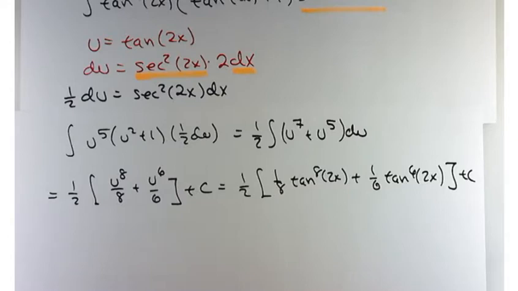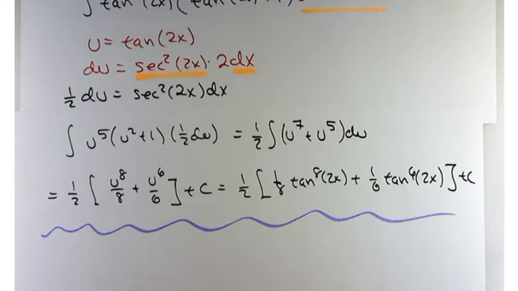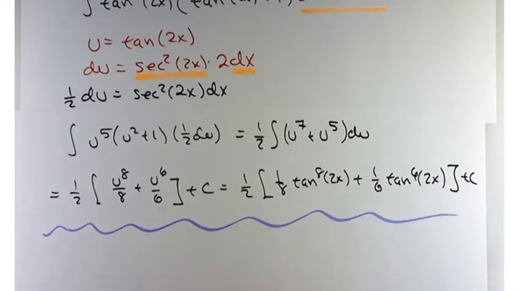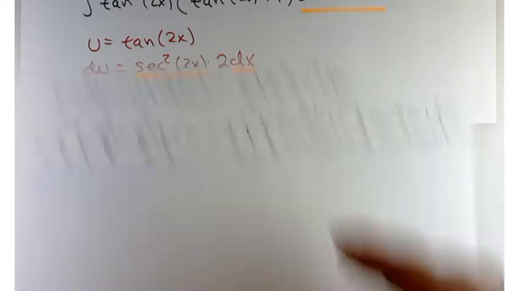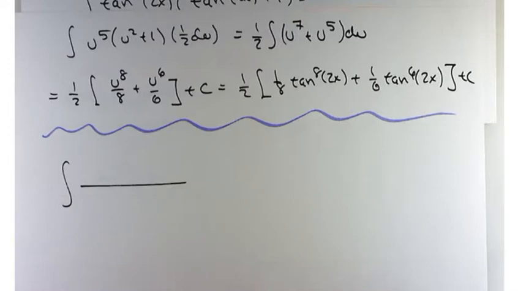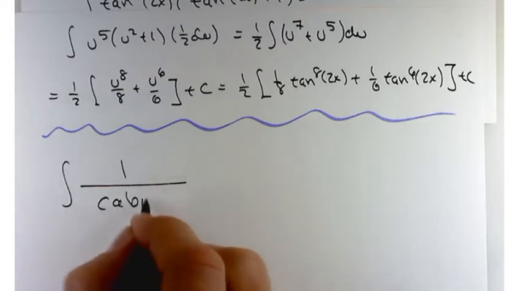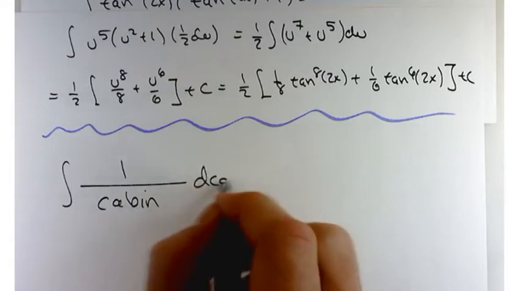There are things, and we've seen it when we solve differential equations, you can't do without that constant. For instance, you can't build a houseboat without that constant. So, let's build a houseboat. What we'll do is integrate the function 1 over cabin d cabin.